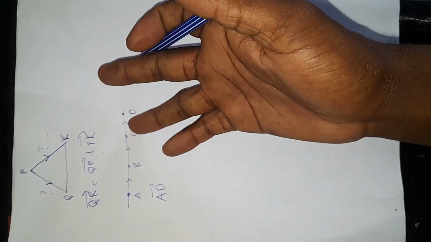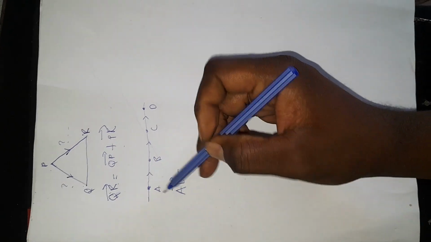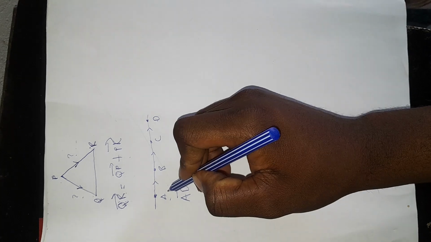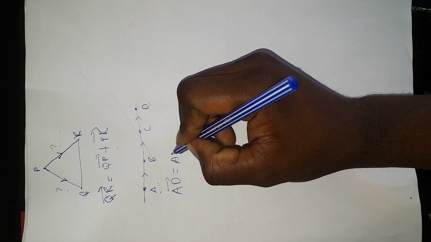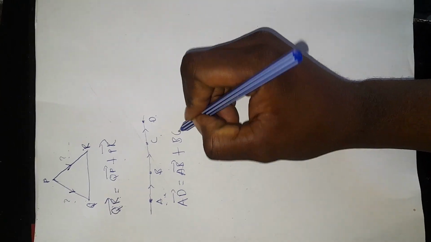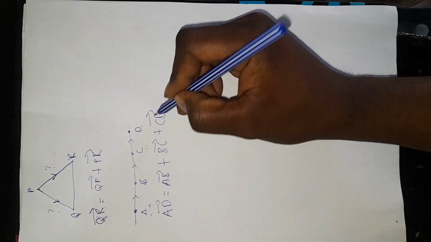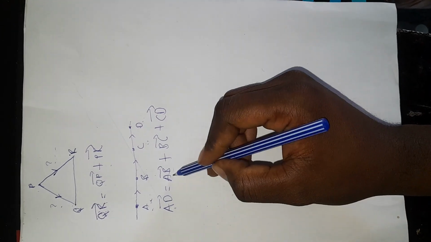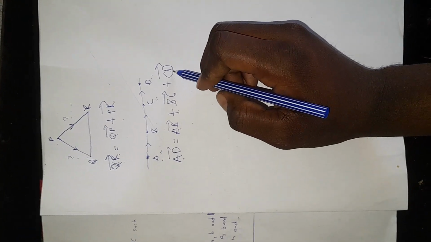To express AD, you start from A to D. So you say AB plus BC plus CD. Your starting point is A, so AB plus BC plus CD. I think now it is clear.